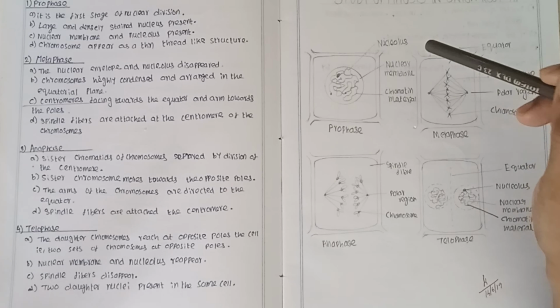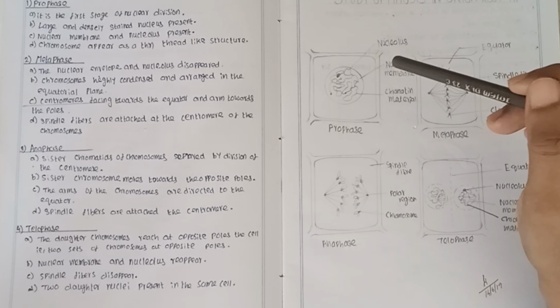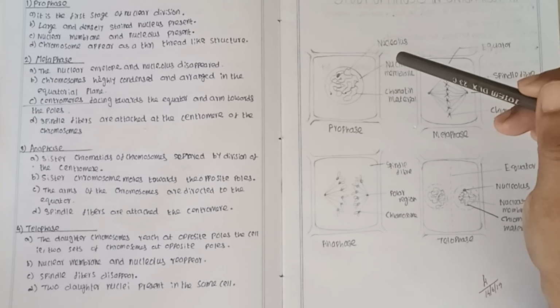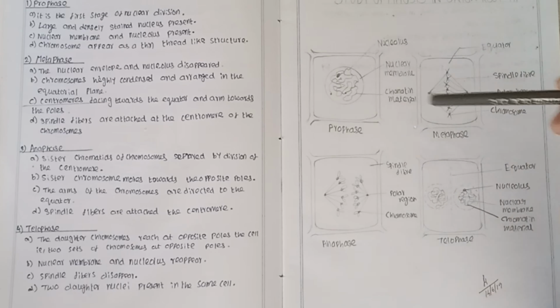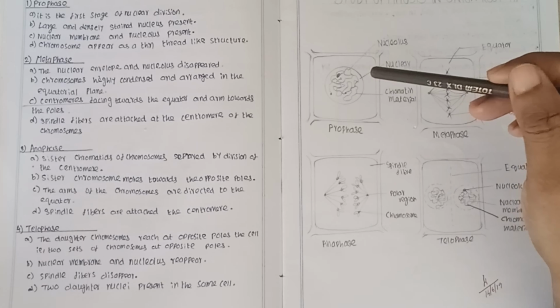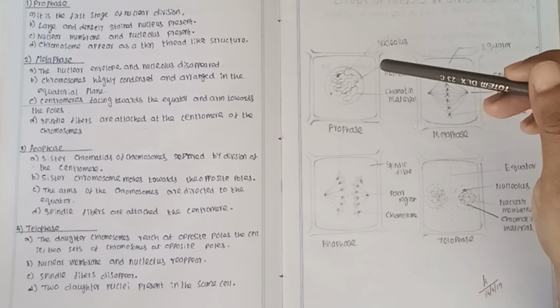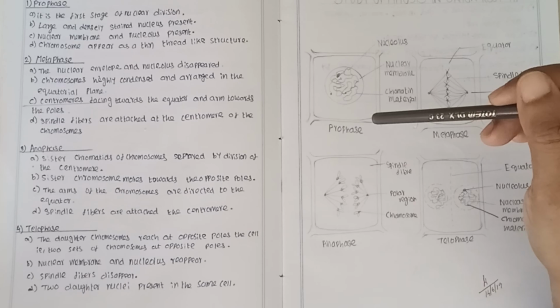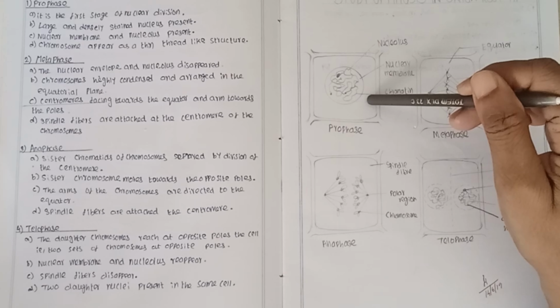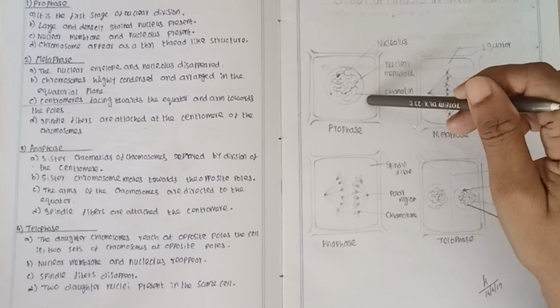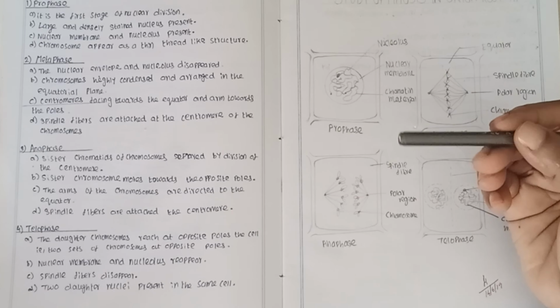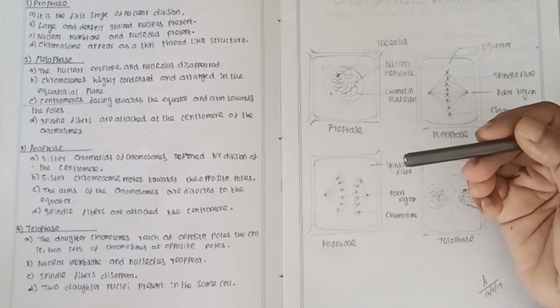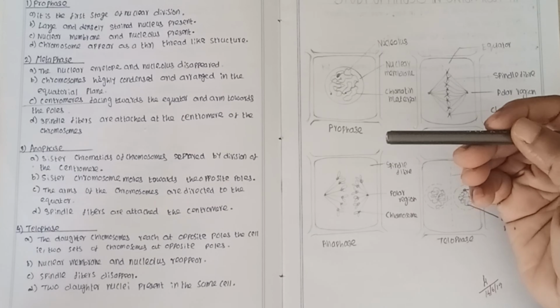In early prophase, the centriole divides into two and they move towards opposite poles. Chromosome condensation starts, and the nucleolus enlarges and becomes less distinct. In middle prophase, chromosome condensation is complete, and they become short and thick.